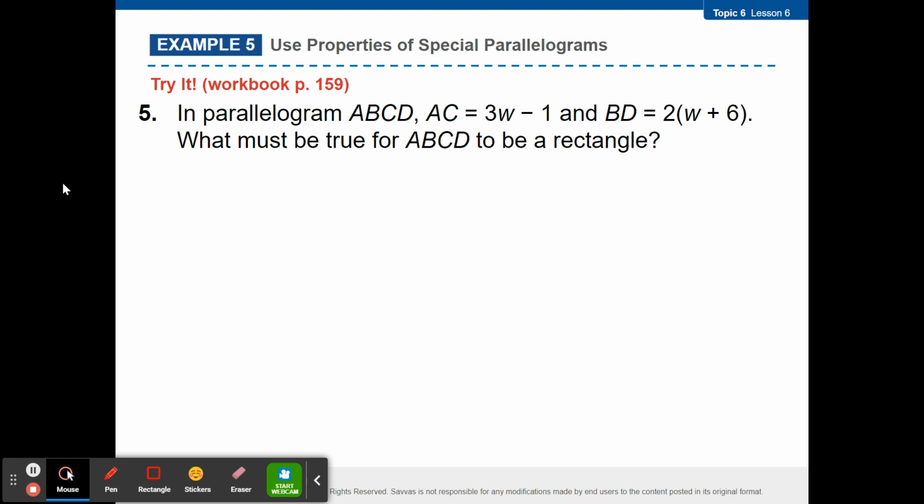So what you're probably going to want to do is draw this out and label the points. Is AC the diagonal? Yes, that's why you should draw it and label the points.